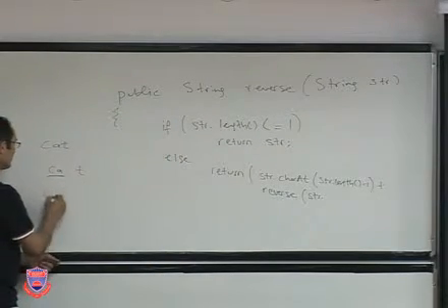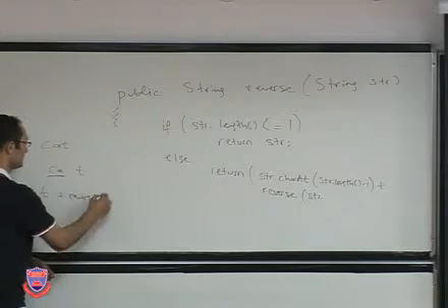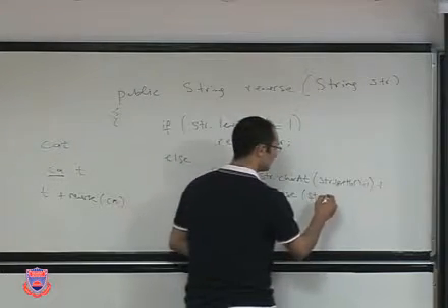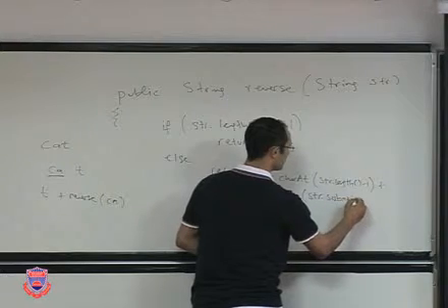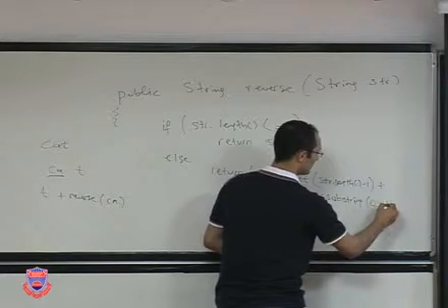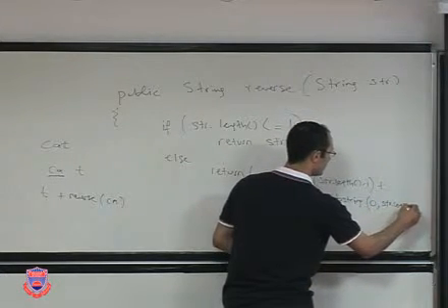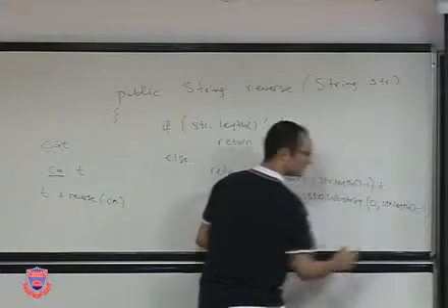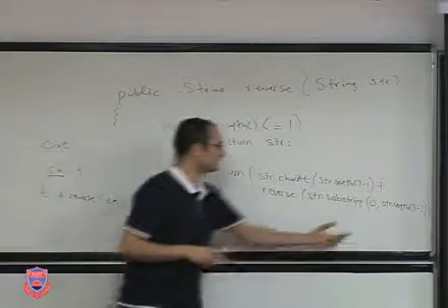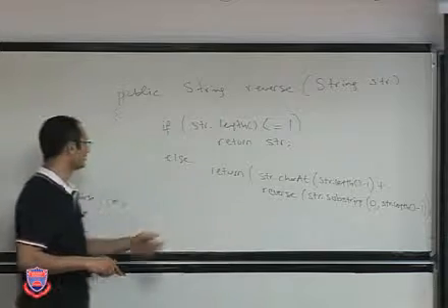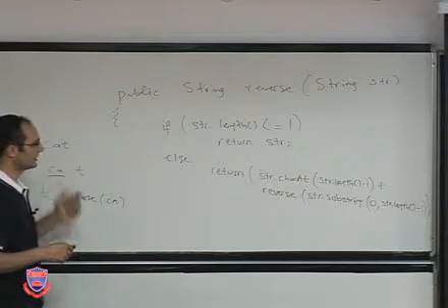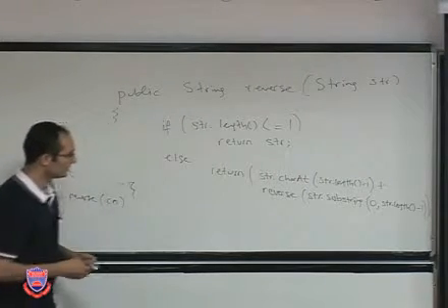I got t at the beginning, and then I call reverse on ca. Now I will call it in this manner, which is going to call reverse of str.substring, right? So basically I will go from 0 to str.length - 1. It is not going to take the last entry, so it will include everything except t, it will get ca, and this is going to return you the reverse of the string.